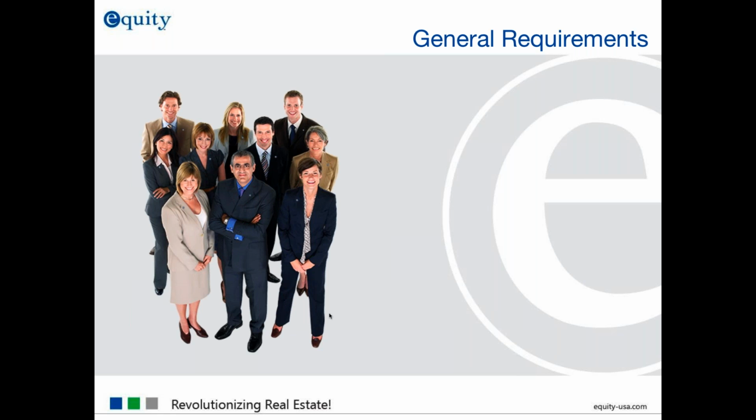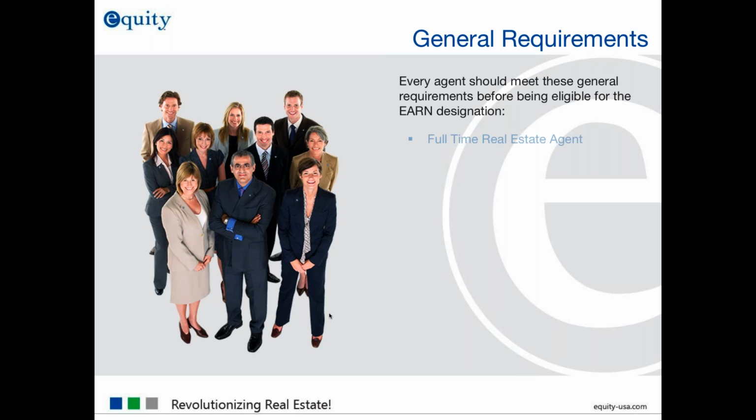Let's look at some of the general requirements, and this is one of the things that we're going to verify with your broker after you take the class. If you want this designation, we'll verify with your broker that you meet these requirements. Number one, you need to be a full-time real estate agent. If you're part-time, if you have another job, then by all means you can use it as referrals.